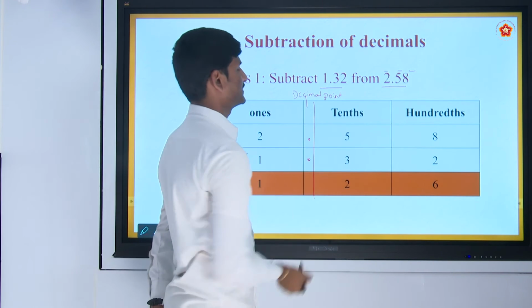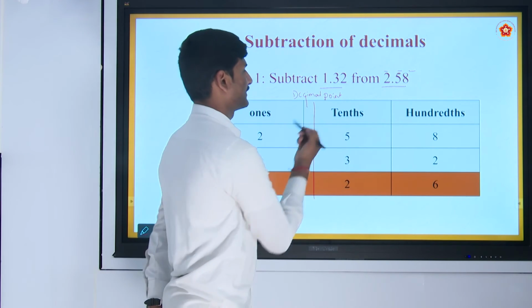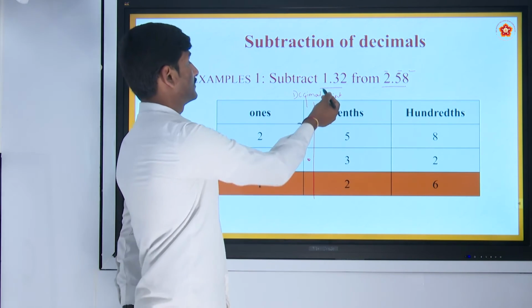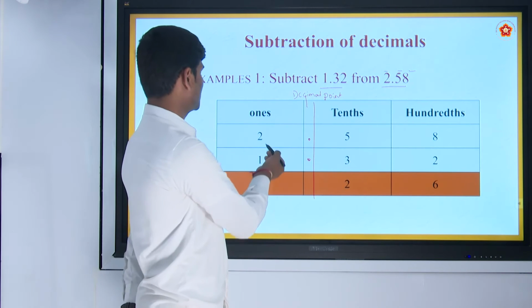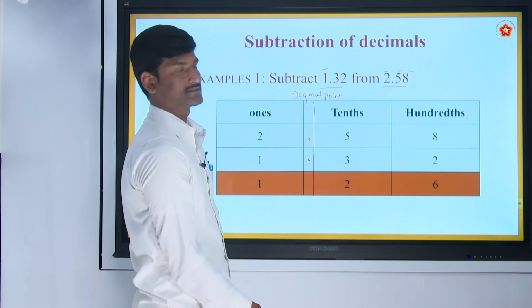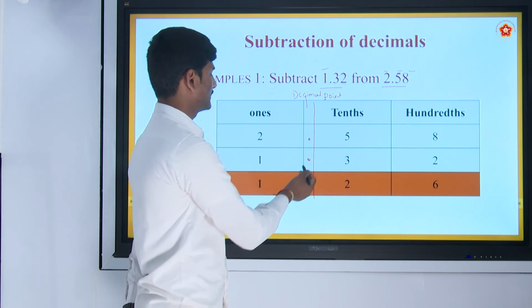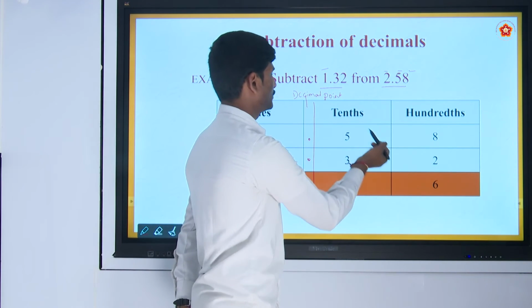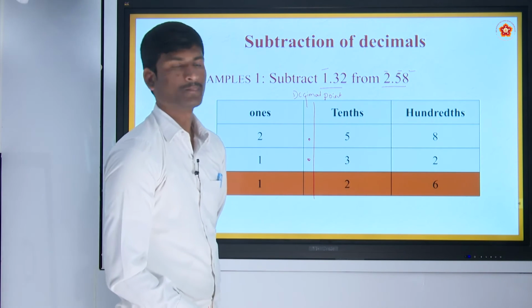And 5 is the tenths place, right? 5. And then 8, hundredths place. Then 1.32, 1 is the ones place, right? 1. And point, 3 is the tenths place, 3. And 2 is the hundredths place.